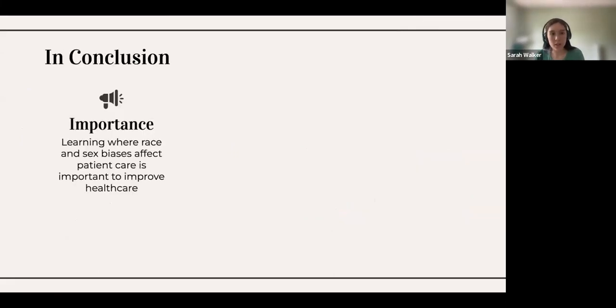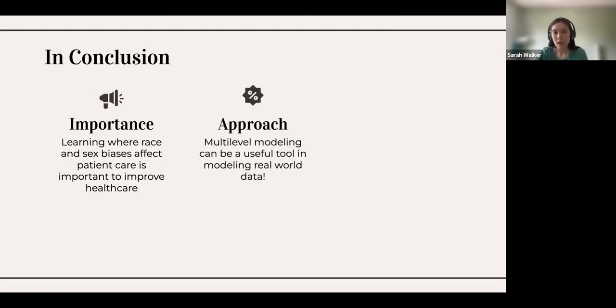So in conclusion, race and sex biases affect patient care, and it's important to know where, just so that we can improve healthcare. And if race and sex don't affect particular outcomes, then that's a reassuring thing to know. And then multi-level modeling can be a pretty useful tool in modeling real world data because there are going to be different data structures.